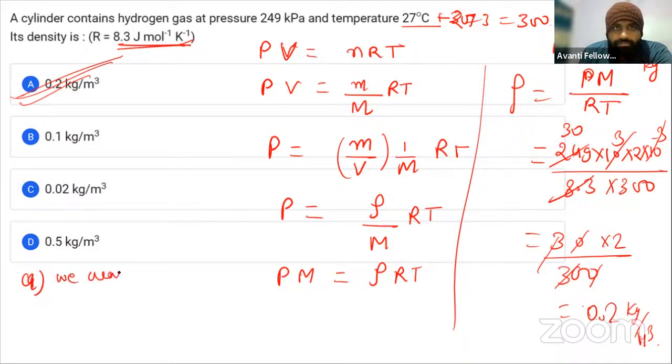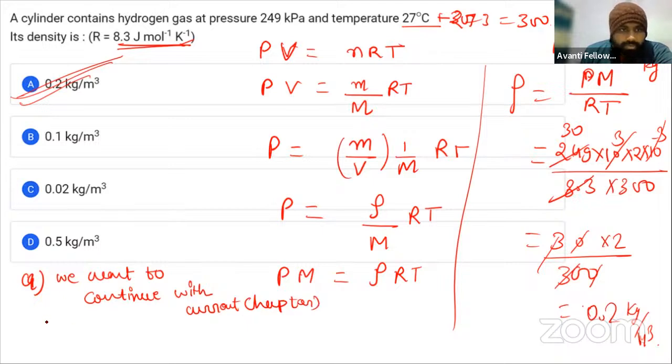we want to continue with the current chapter. Current means oscillation that we are studying.